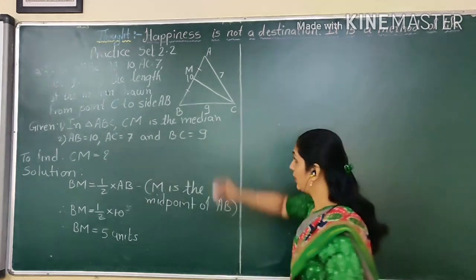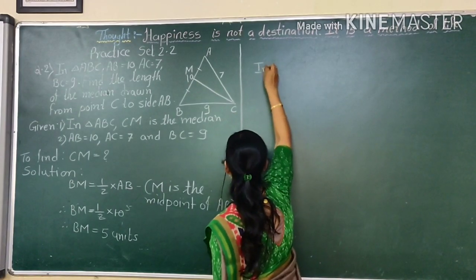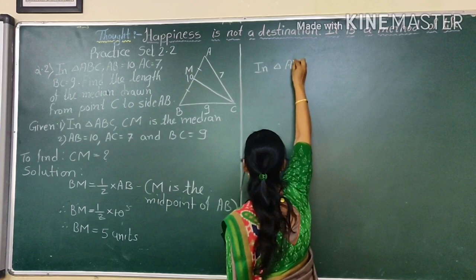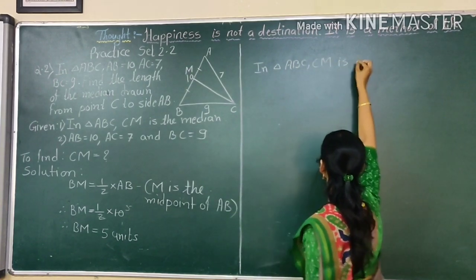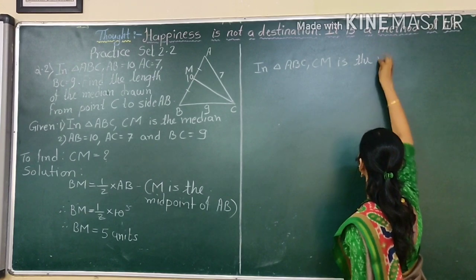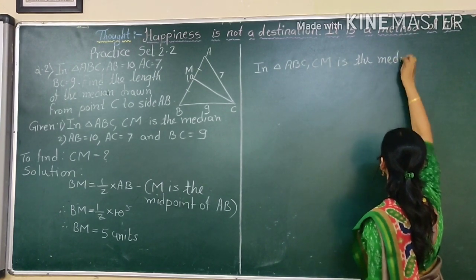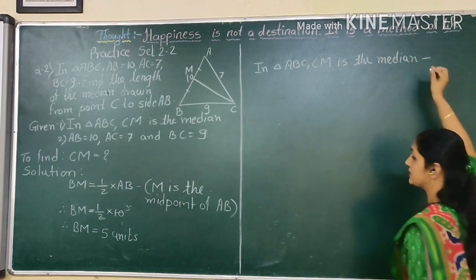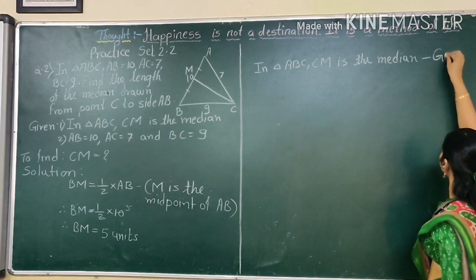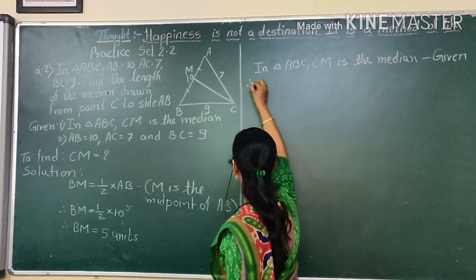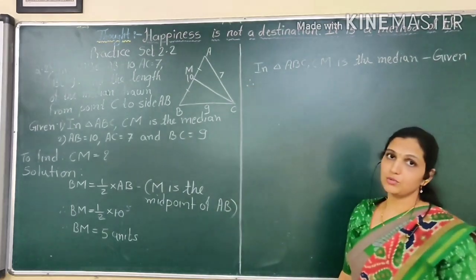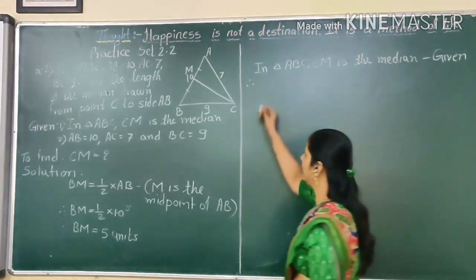CM is the median in triangle ABC. CM is the median. This is given. Therefore, we can use Apollonius theorem.